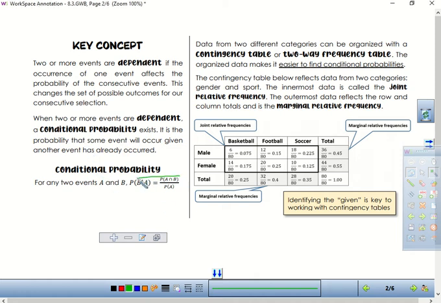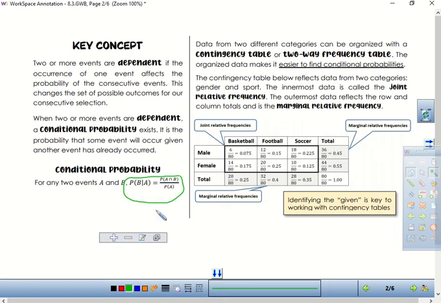So this is the formula for conditional probability. I am going to be referencing that throughout the lesson. Just so you know, that's where I got it from, right from this front part of the notes. How you say this is the probability of B given A, meaning given that A has occurred, is equal to the probability of A and B, so the intersection of those probabilities, divided by the probability of A. Okay?